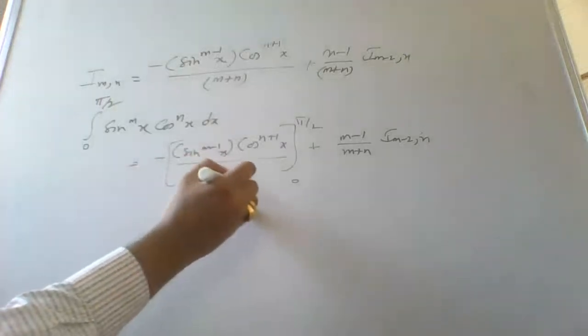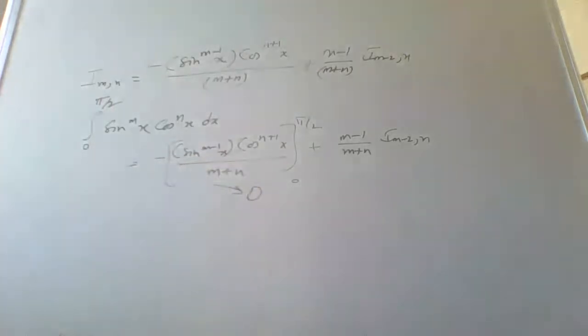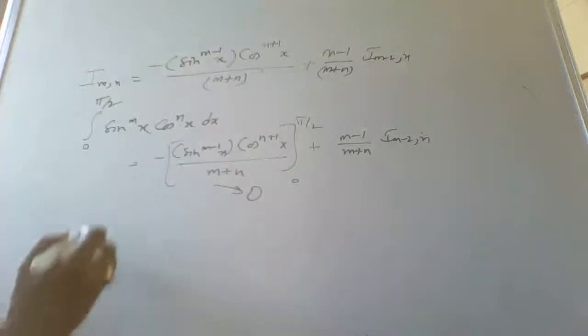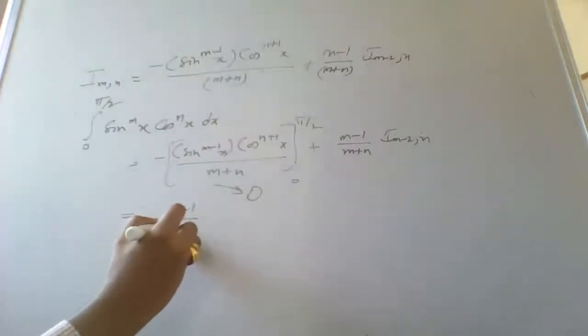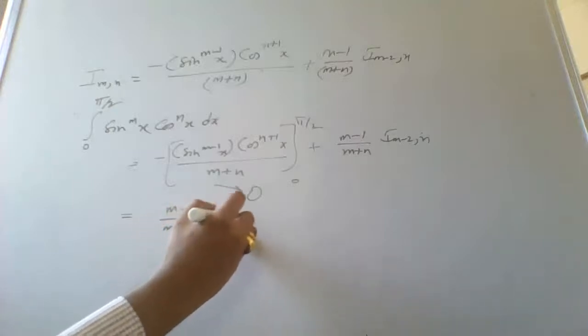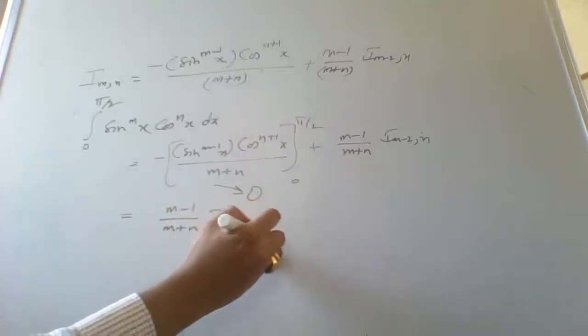So this tends to 0. This results 0. So I'll have only m minus 1 divided by m plus n, into I m minus 2 comma n.